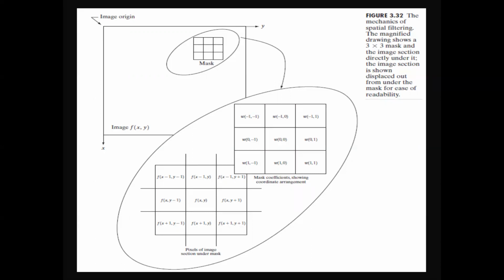And we need to place this mask on the image, which will cover a sub area of the image, that is f(x-1,y-1), f(x-1,y), f(x-1,y+1), f(x,y-1), f(x,y), f(x,y+1), f(x+1,y-1), f(x+1,y), f(x+1,y+1).